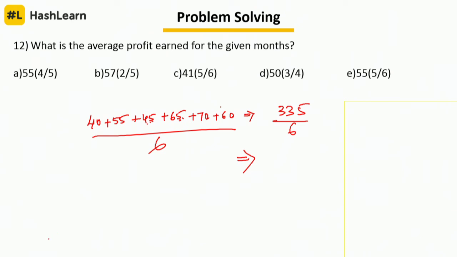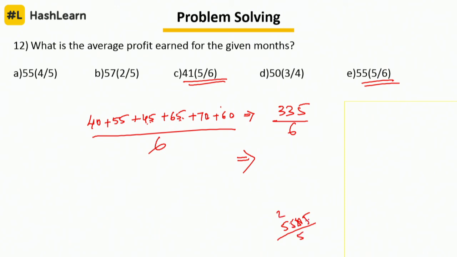By 6, how many options do you have? By 6 you have only option C and option E.